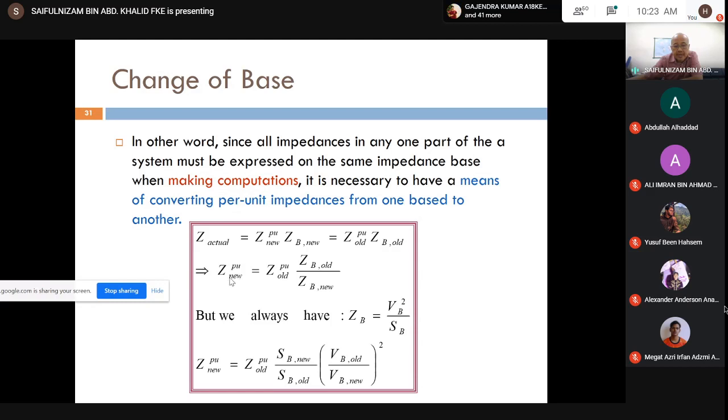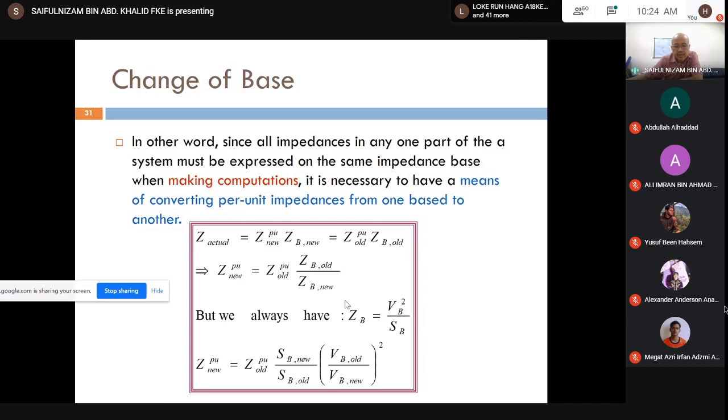Then we arrange, we get Z PU new equal to Z PU old times Z B old divided by Z B new. Rearrange this equation, you bring this down here. So we get Z PU new equal to Z PU old times Z B old divided by Z B new.